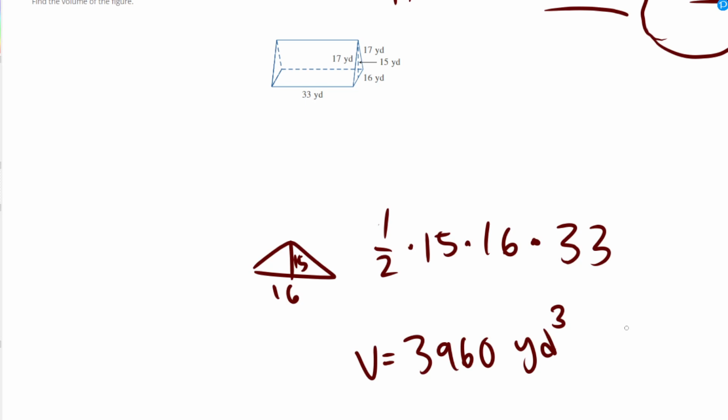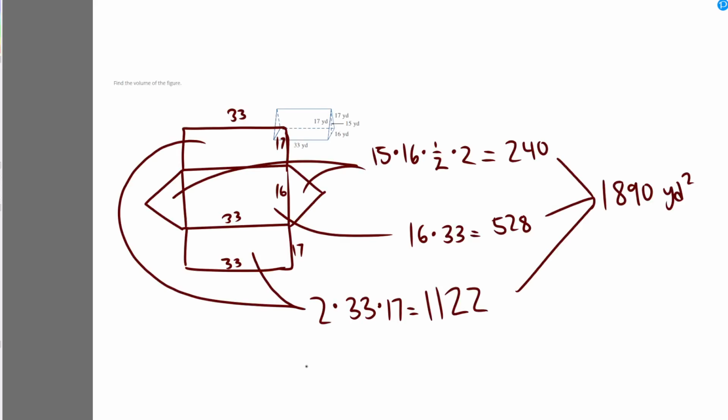So then to find the surface area, what we can do is find the area of this side, this bottom, this side, and then the back side, and then the area of these two triangles, add them together, and that will give us the surface area. Okay, I did all the calculations. So 33 times 17, and then we'll times that by 2 for these two sides.